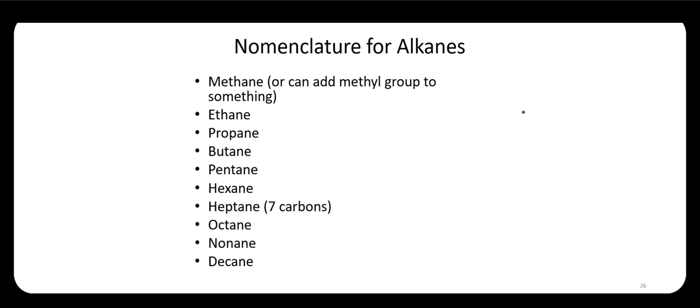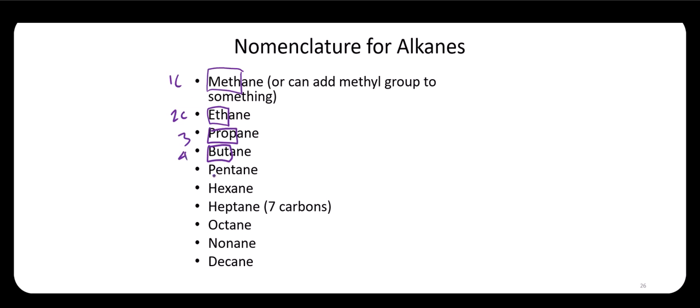And for here, I have it set up for alkanes. So what I really want you to get out of it is the prefixes. So meth is 1 carbon. Eth is 2 carbons. Prop is 3.